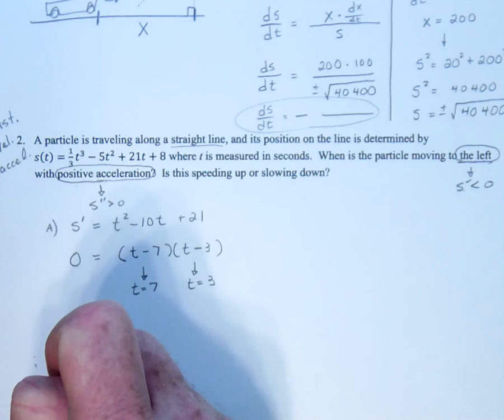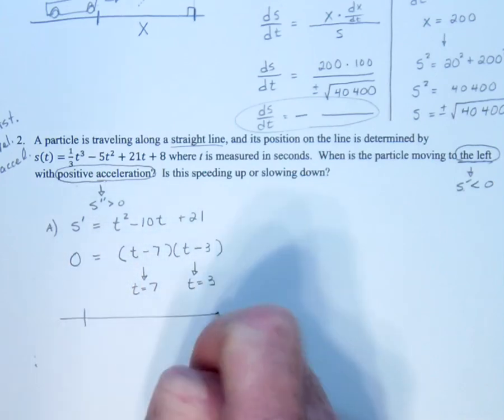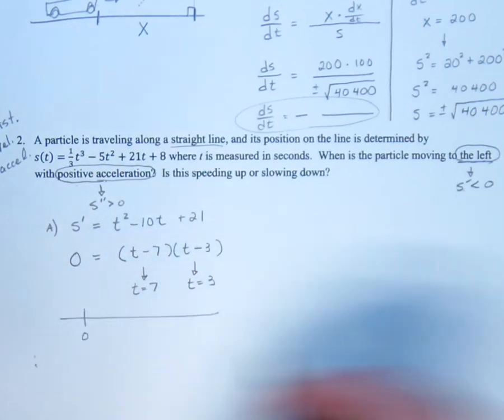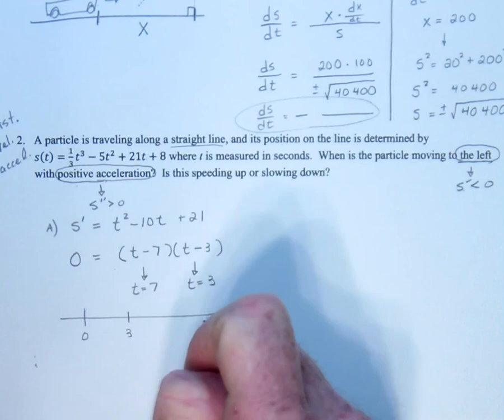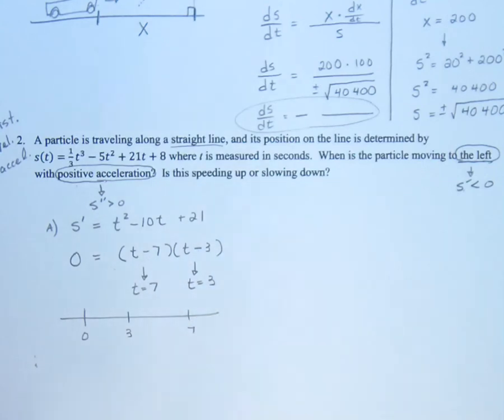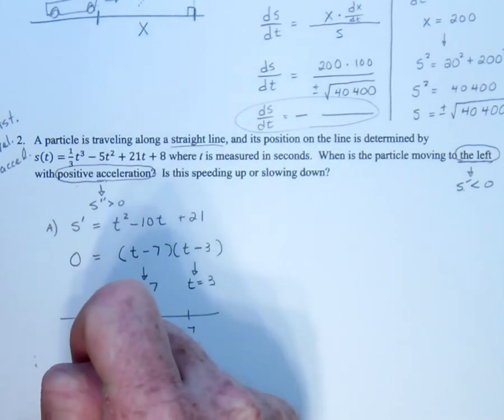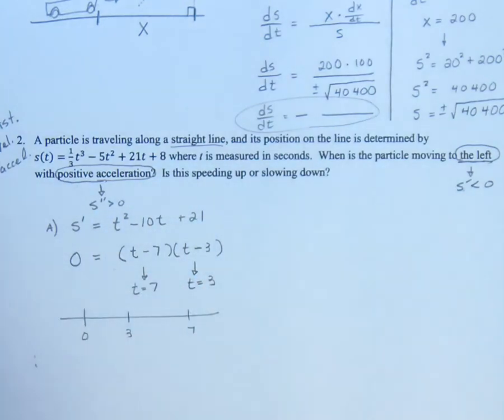The old-fashioned way, back when I was a student, we had to go like this because we didn't have graphing calculators. You put a timeline. Here's time equals 0. Here's 3 seconds. Here's 7 seconds. And then what you do is, in this interval, you want to know, is it going to the right or to the left? So you pick any number in here. I'm going to pick 1.